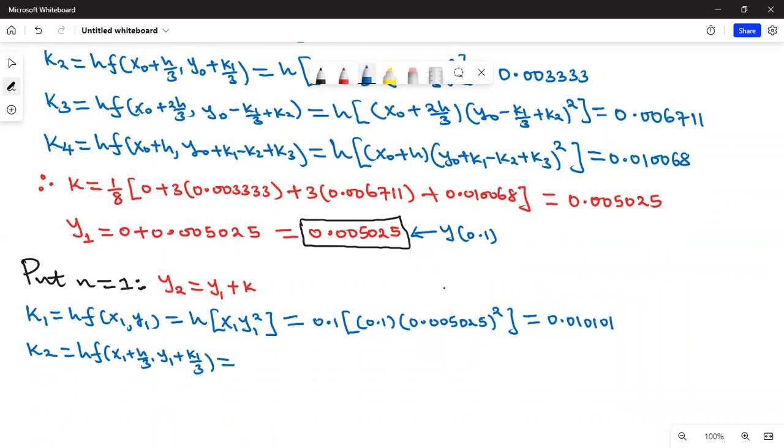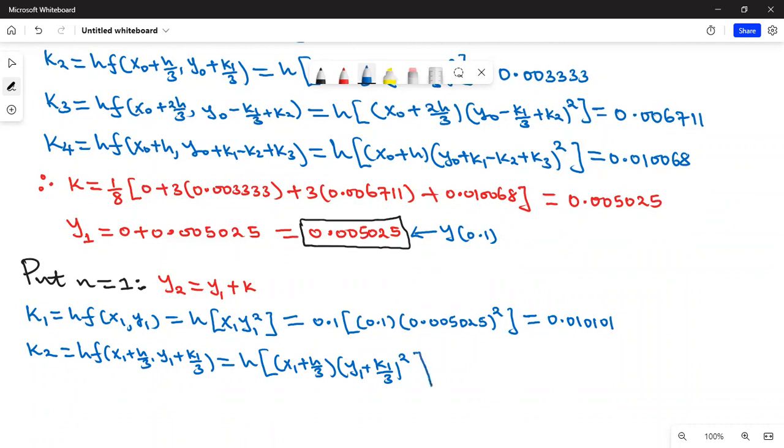So this should give us h into x1 plus h over 3 times y1 plus k1 over 3, and this is squared, because our f of x, y is x y squared. So in place of x, you put x1 plus h over 3, and in place of y, you put y1 plus k1 over 3.